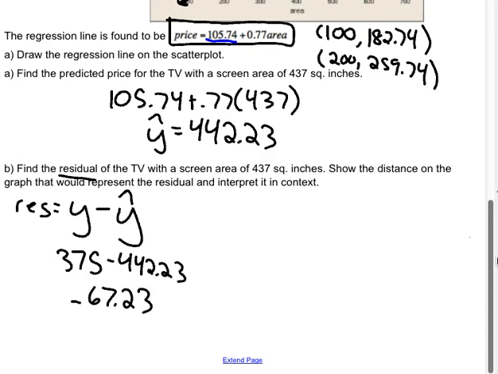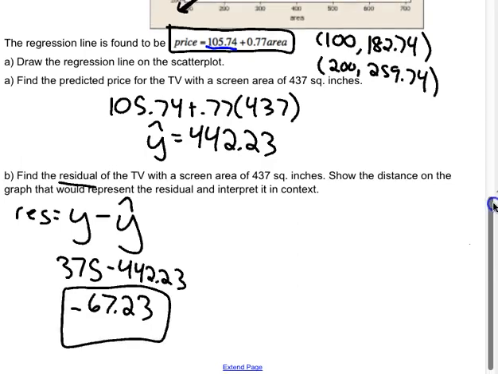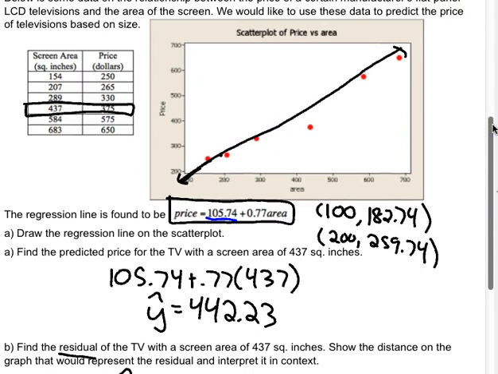And it says show the distance on the graph that would represent that residual. So on the graph, what that would look like is it would be this distance right here.